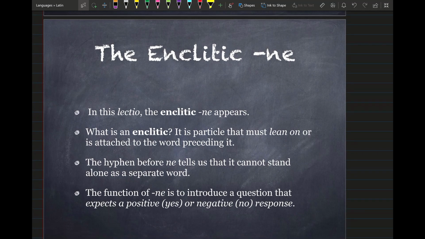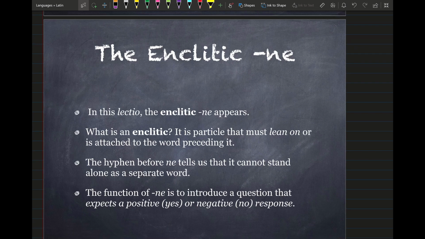Towards the end of this Lectio, we encounter the enclitic ne. What is an enclitic? Well, it is a particle that must lean on or is attached to the word preceding it. Okay? The hyphen before it tells us that it cannot stand alone as a separate word.